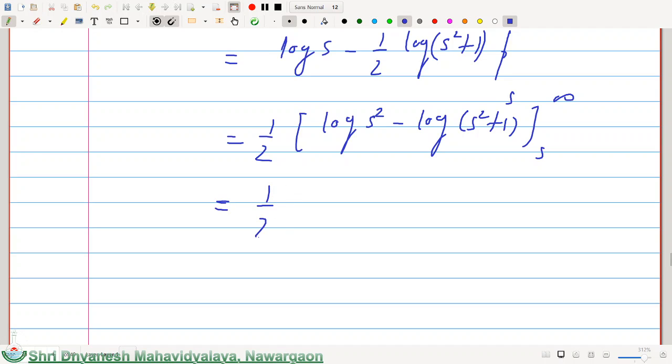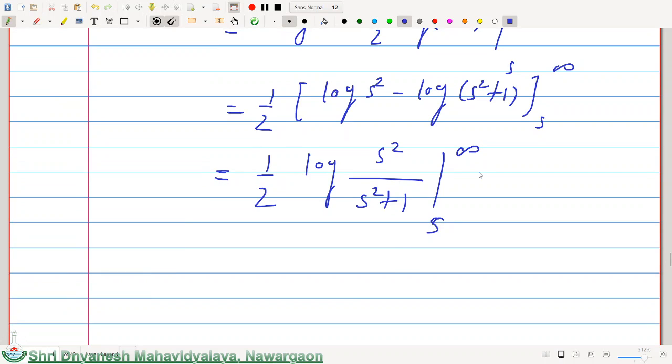So this is log of (s square upon s square plus 1) with the limits s to infinity. Now you can apply the limits.